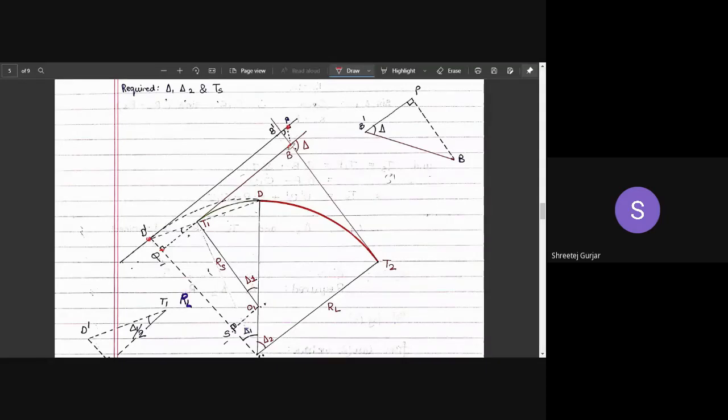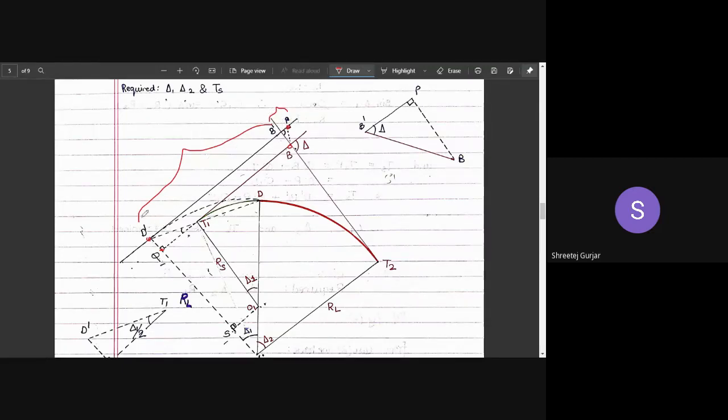So the length BQ is equal to D dash P, which is equal to B dash P. Now this whole length we can divide into 2 parts, that is D dash B dash plus B dash P.